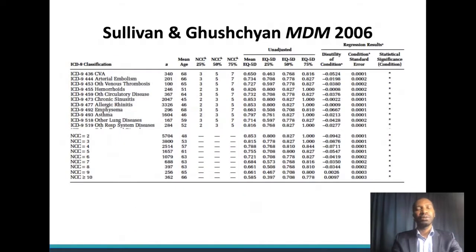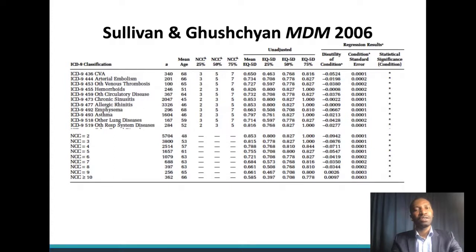This table below is from a study that Sullivan and Ghushchyan conducted. They wanted to understand the preference-based EQ-5D index score for chronic conditions in the United States as a community-based estimate. So they used data from the Medical Expenditure Panel Survey, or MEPS.